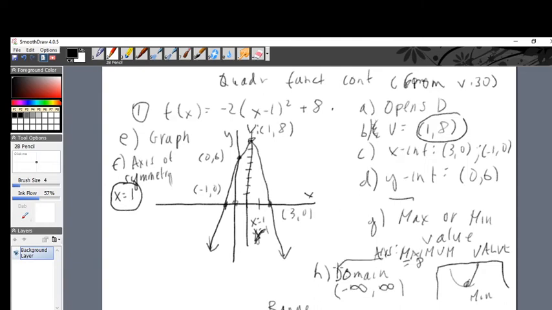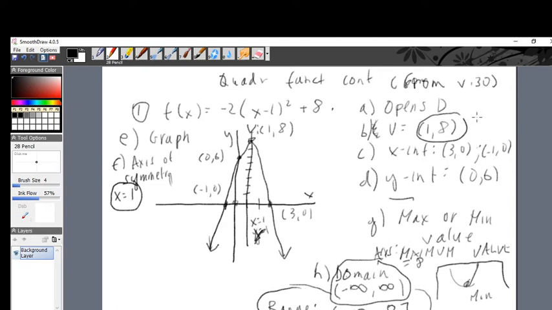What about the range? The range is the y values. It goes forever from the bottom, and it only goes up to here and stops. So it goes from negative infinity up until it gets to 8, and it includes 8. There is the range. So we have now answered all 8 questions about this quadratic function.